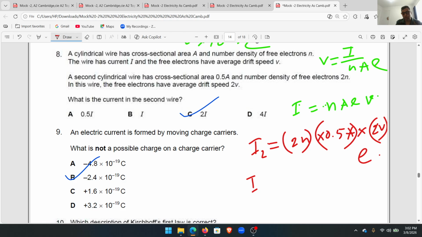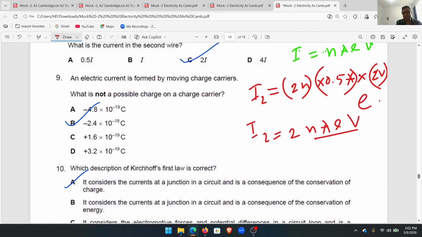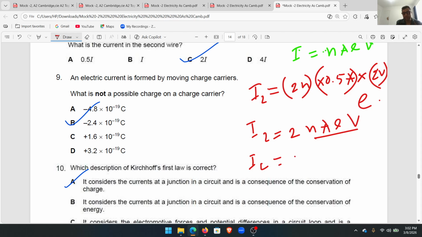So if you solve, it will be what? 0.5 and 2 will be cancelled. So 2 NAEV. Therefore, it is I. So 2I. This is the answer.